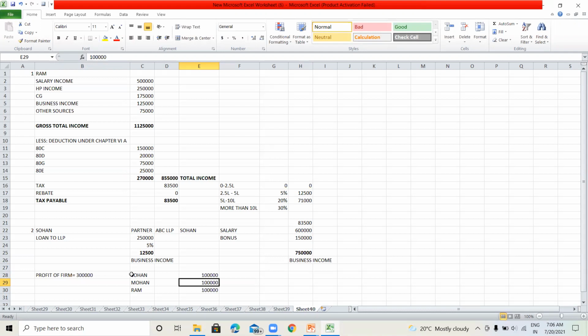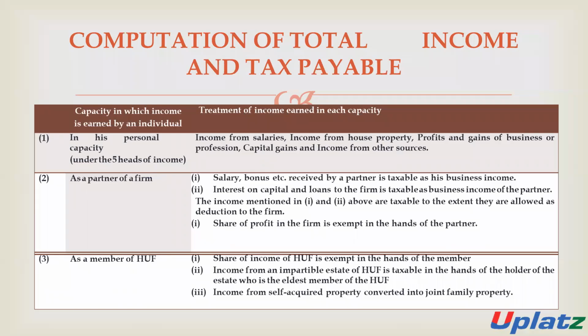It will not be taxable in the hands of the partner. Means such amount of profit will be exempted in the hands of Sohan, Mohan, and Ram. So the profit of the partnership firm, which is earned by the assessee in his individual capacity, will be exempted in the hands of such person and taxable in the hands of the partnership firm.